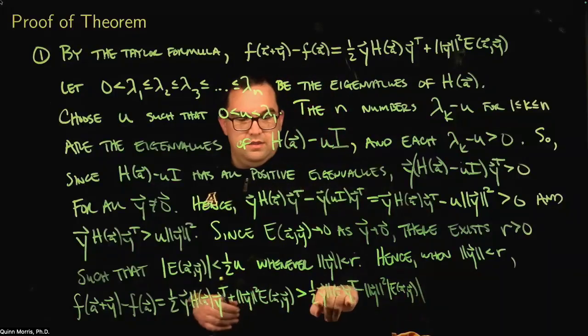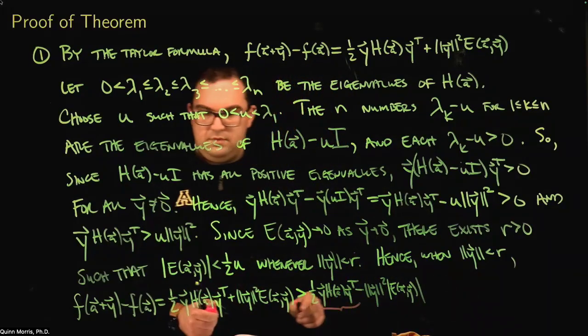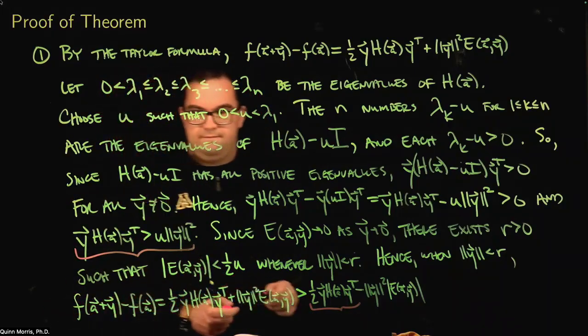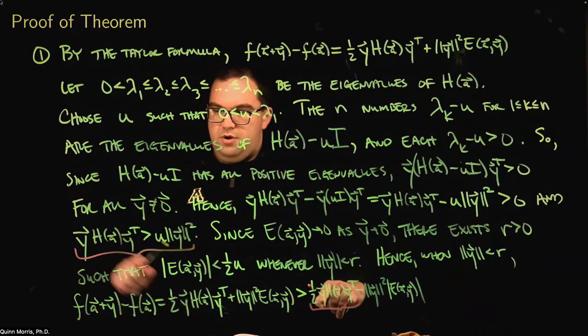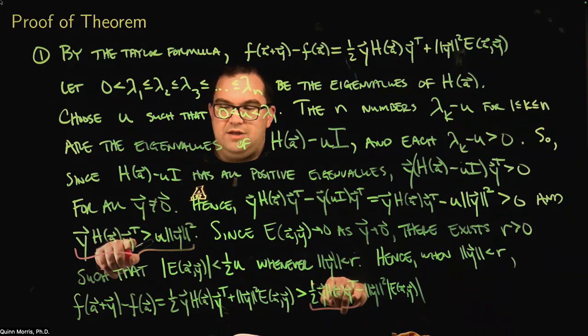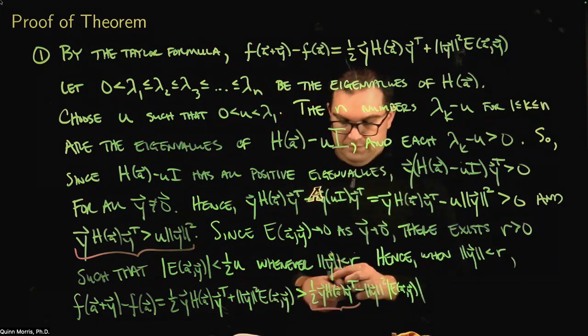Now, this quantity here, I can bound from this inequality. I've got a 1/2 here, but I know that the quadratic form y h of a y transpose is greater than u times the norm of y squared.